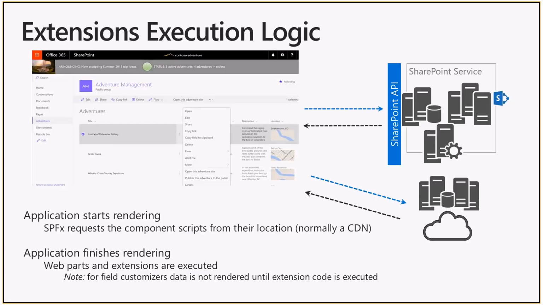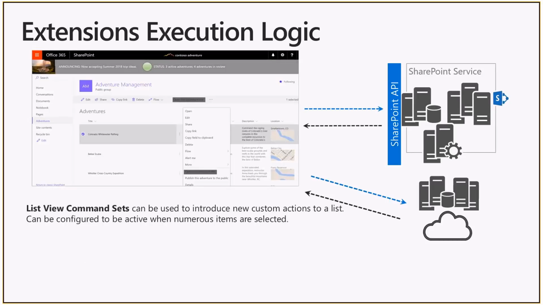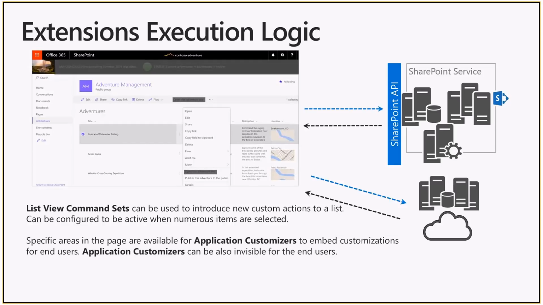So that's the final step on the page, and what then happens is that those individual components, like the list view command sets, in this case you can see the dark markers in a toolbar and in a list menu, are available for your end users to select. Or it might be the header section or the top section of a page, which is fully customized, and that's where the application customizers could be rendered.